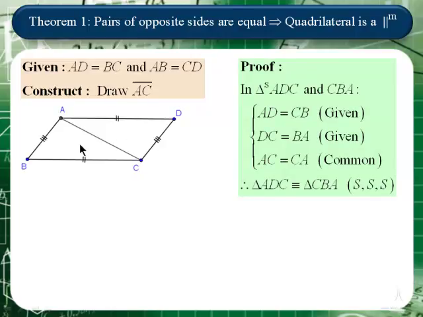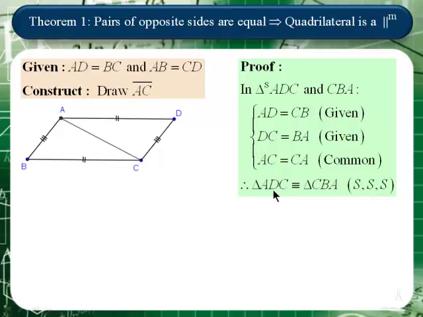If we compare the two triangles here, namely triangle ADC with triangle ABC, then it's pretty clear that 3 sides of the one triangle are equal to 3 sides of the second triangle, because we were given that AD is equal to CB or BC, AB equal to CD, and AC common.